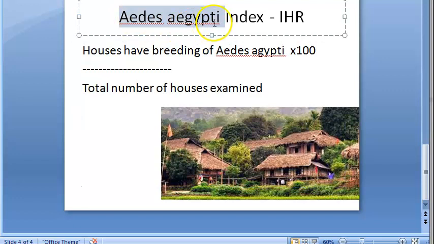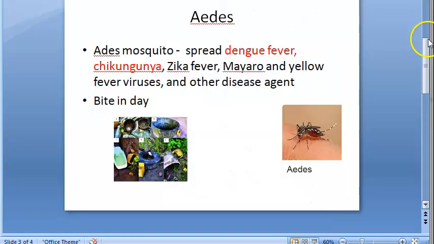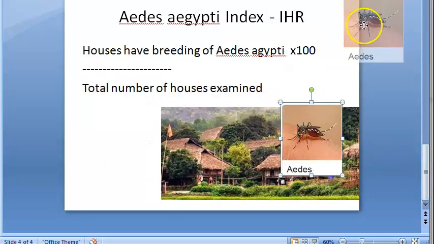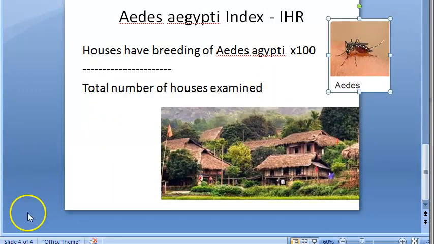When it comes to Aedes aegypti, it has very peculiar behavior. It is a nervous feeder. It bites more than one host to complete the blood meal, so it bites more than one person.